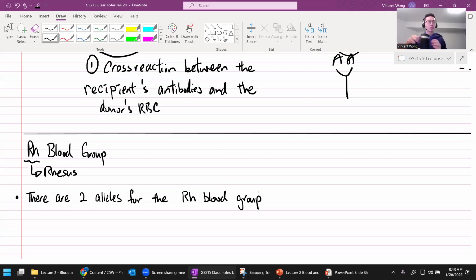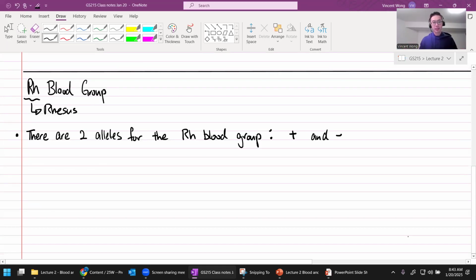How many alleles do we have for the ABO blood group? 3 is correct: IA, IB, and little i. For the RH blood group, there are only two alleles, and they are positive and negative. They don't have any special letters associated with them.